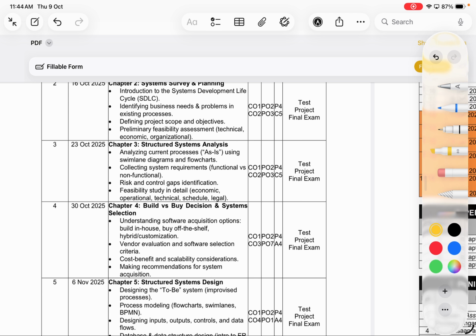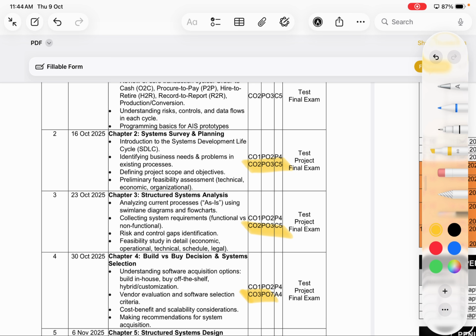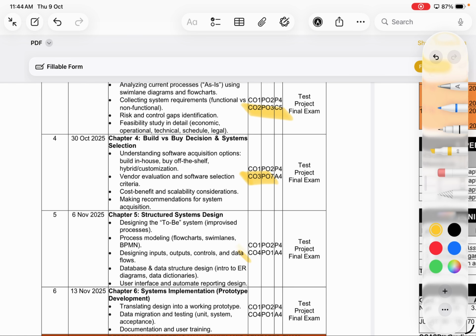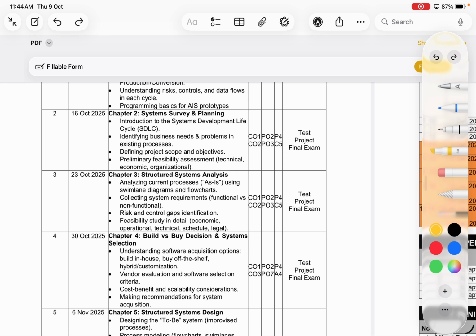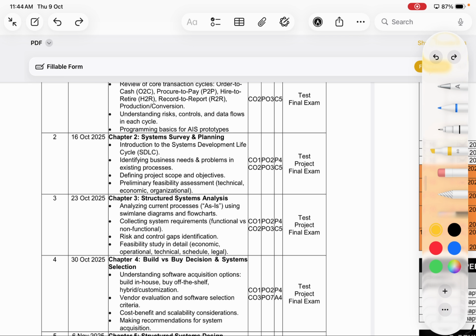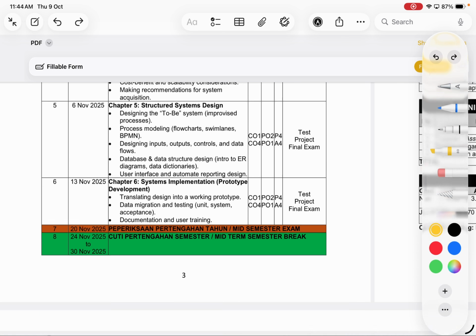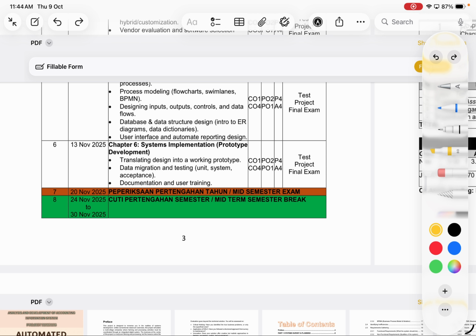If you can see over here, I've highlighted all the CLOs accordingly. I already pointed out the CLOs, what we're going to achieve from each of these chapters. And over here is your midterm exam.